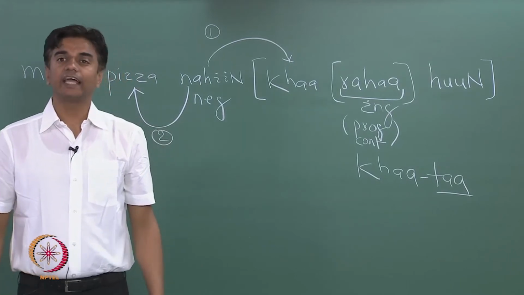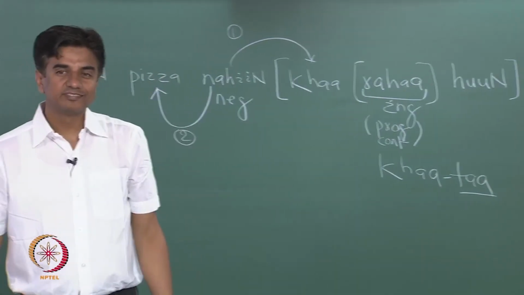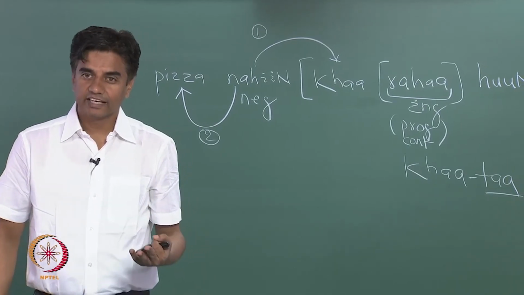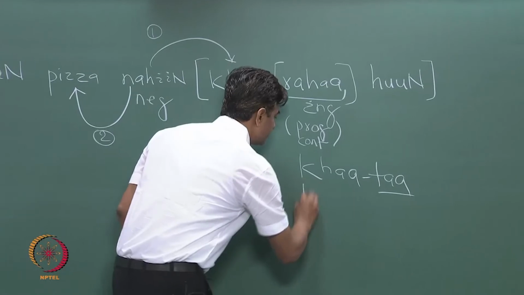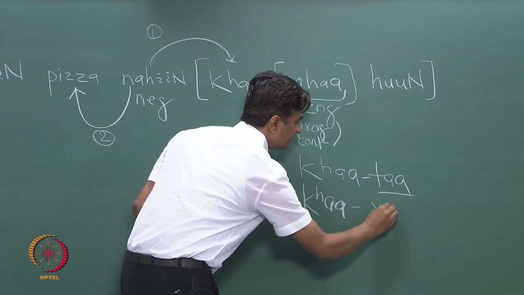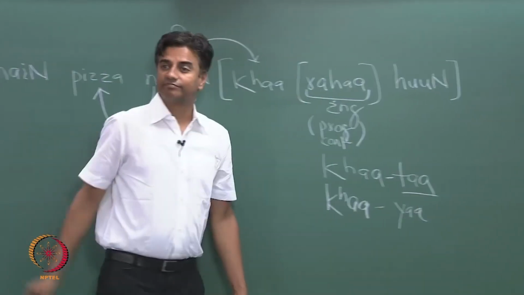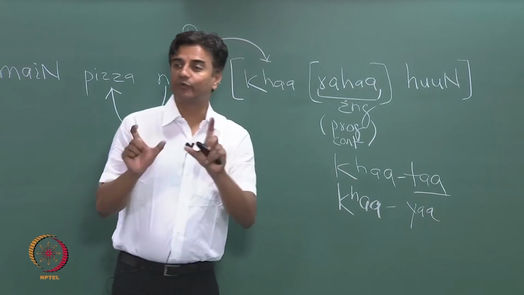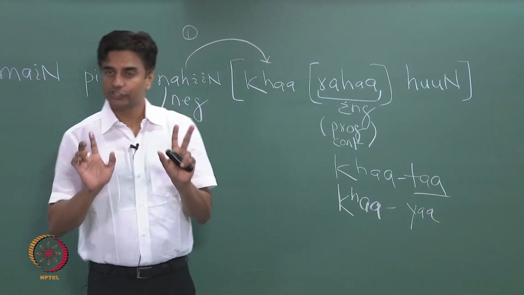right? How do I say I ate a pizza? Khaya, right? Khaya. In that case, we have kha and something of that. These are not independent words. Do you see this?